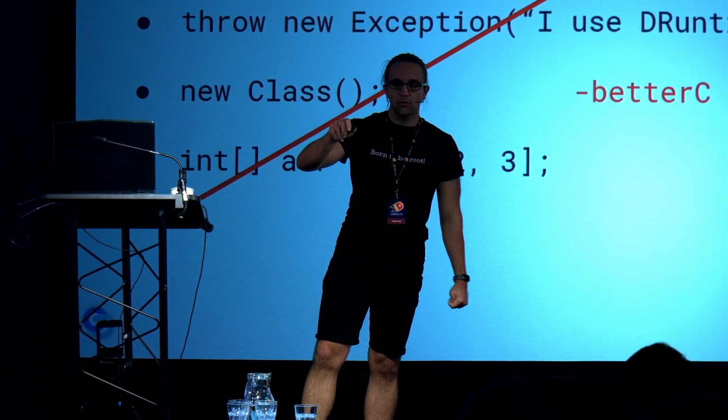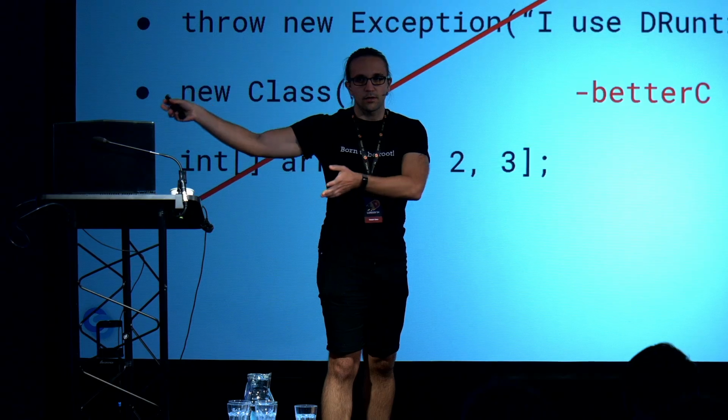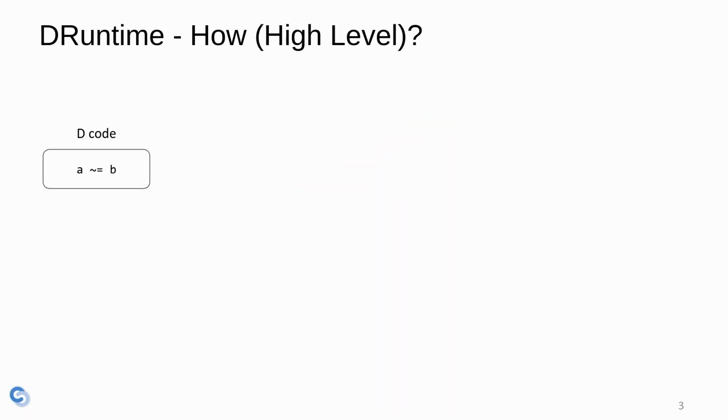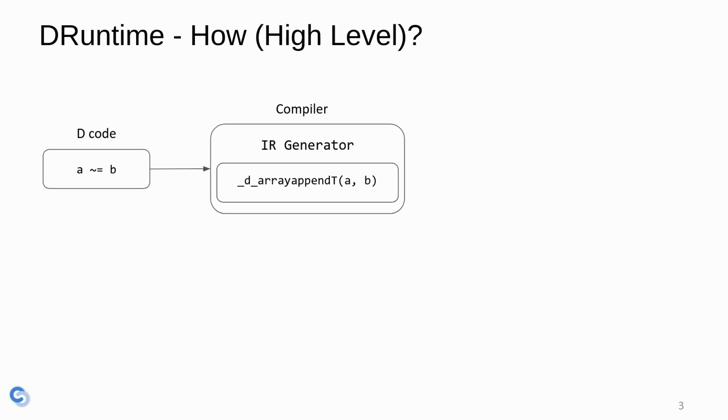We're going to talk about the second word from the title, which is hooks. Say you write a piece of D code, namely this concatenation. What the compiler would do is replace this expression with a call to a function. This function is _d_arrayappend. This function is called the runtime hook.